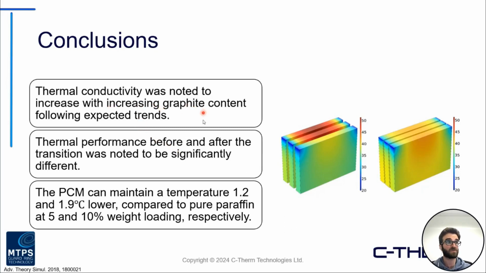The thermal performance before and after the cycling transition, of course, was quite different. But at the end, their final remarks were that the PCM can maintain a temperature about 1 to 2 degrees lower compared to the pure paraffin at the different weight loadings, respectively. And a couple degrees can be quite significant if you are dealing with battery systems, especially with regards to the uniformity of the pack and things of that sort.